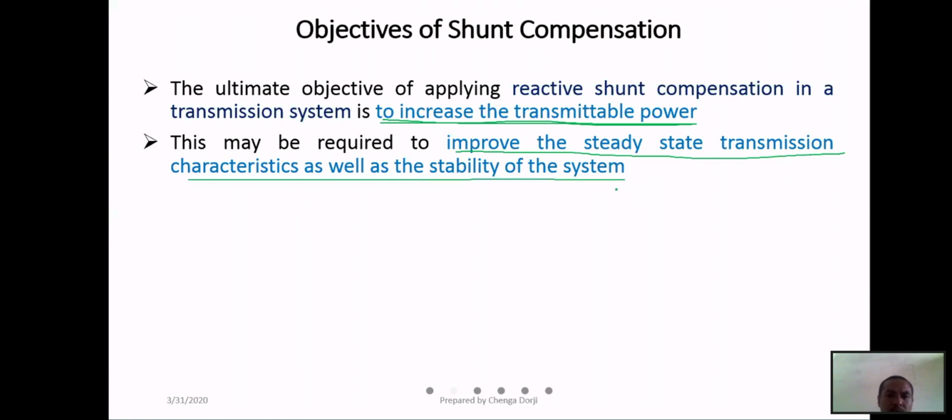So the first objective is to increase the transmittable power. Also, it may be required to improve the steady state transmission characteristics as well as the stability of the system. So, three objectives.